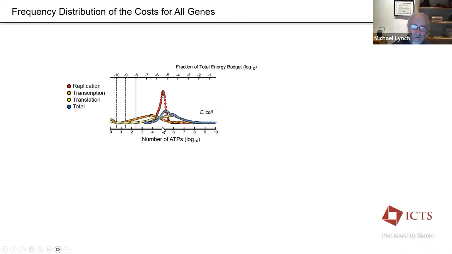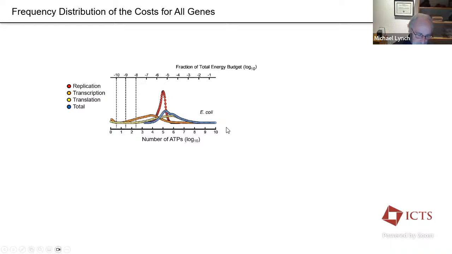So at the DNA level, average gene is costing about 10 to the, this is log scale, about 10 to the 5th ATPs per cell cycle. The orange here are the costs at the transcription level, the yellow at the translation level, and the blue is just the sum of all. It's the histogram for the total cost of a gene. So the total cost of a gene is something like, I don't know, about 10 to the 5.5 power or something in E. coli. So those are the absolute costs.